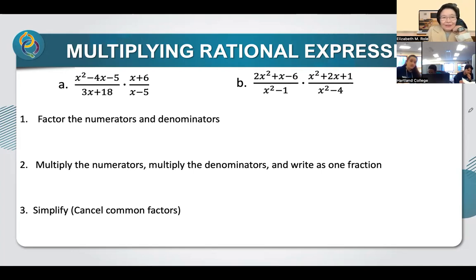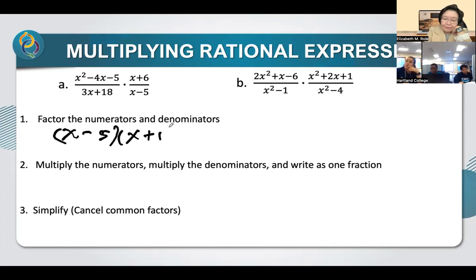All right. So for letter A, the factors. For the numerator, you have x squared minus 4x minus 5. The factors are x minus 5 and x plus 1.